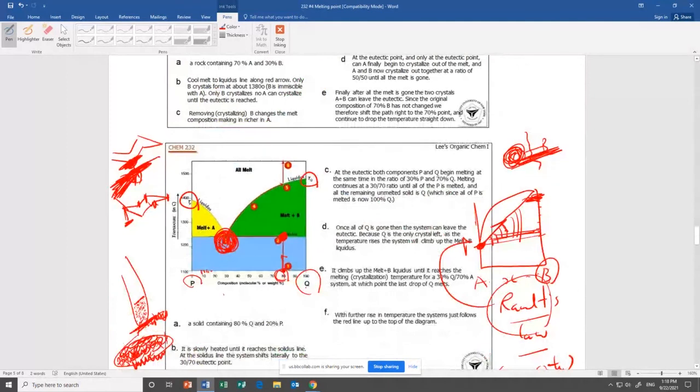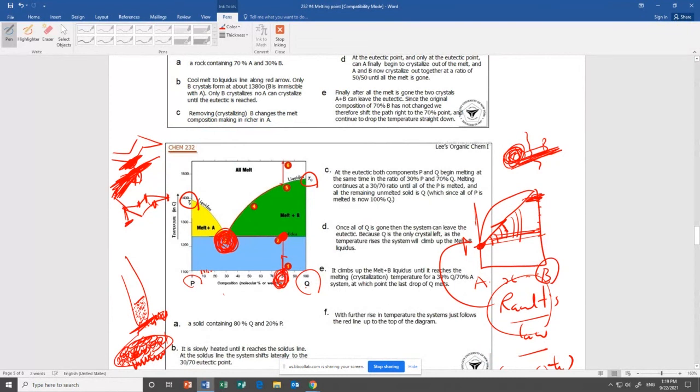So here, all those impurities and some portion of the, in this case 80% was Q, so Q melted, but there are some more remaining Qs, right? Depends on how much you originally had.